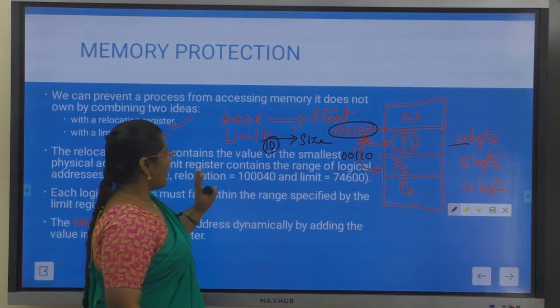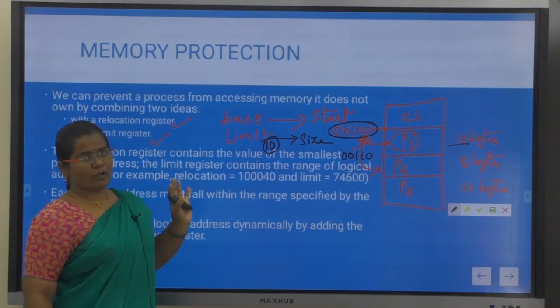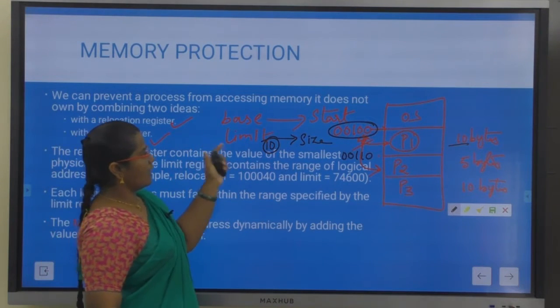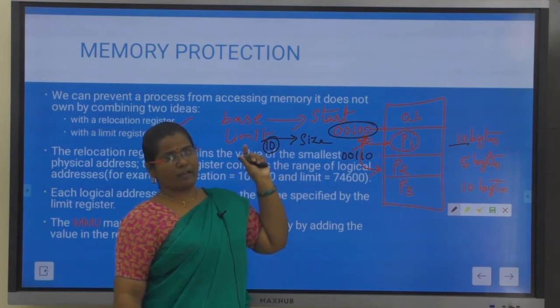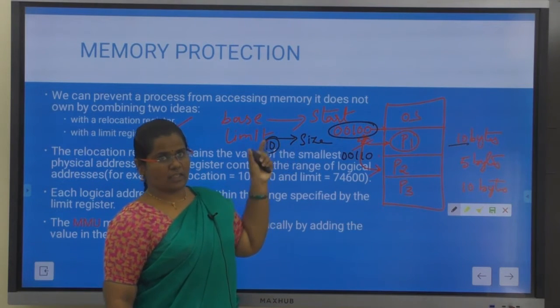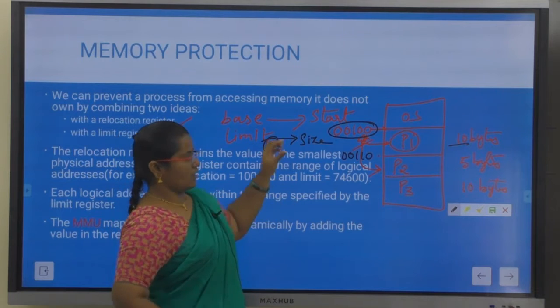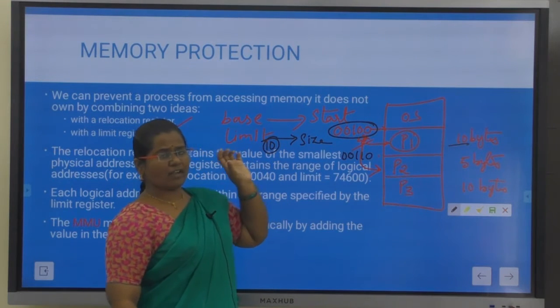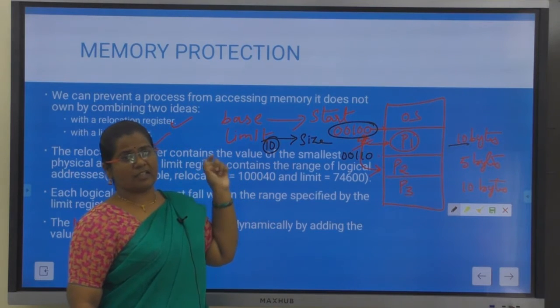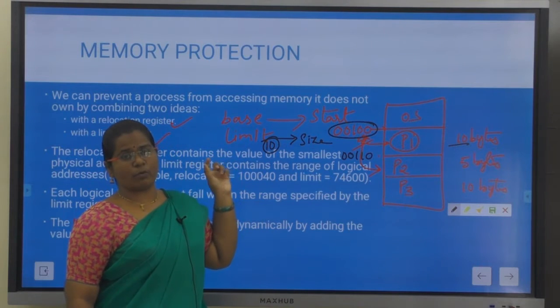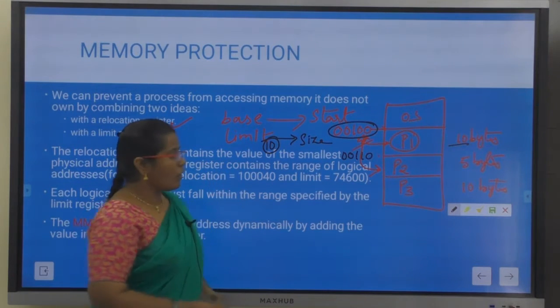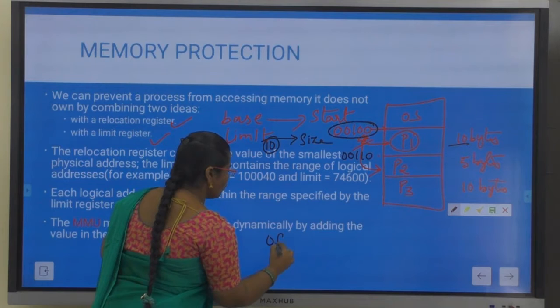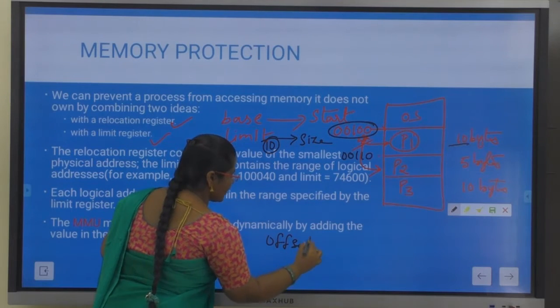Whenever you try to access a process, the CPU will generate which byte of data it wants to execute. That particular byte which the CPU wants to execute is called an offset.